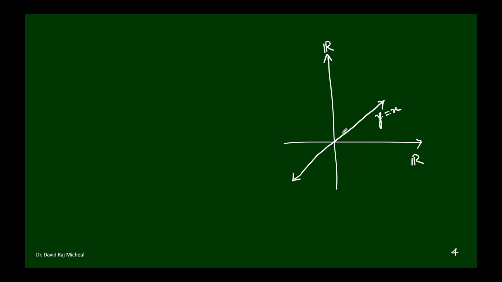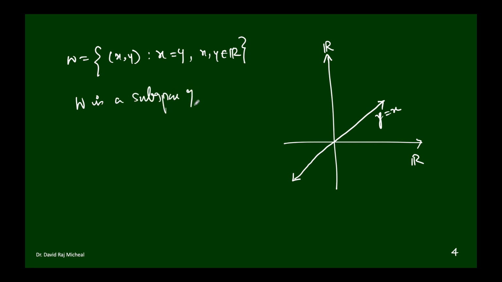So if W is the set of all (x, y) such that x equals y and (x, y) belongs to R, then W is a subspace of R2, because W itself is a vector space completely contained in R2. So this is my first example.